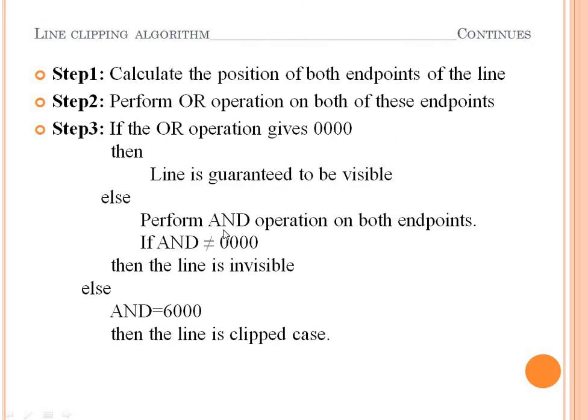Here is the line clipping algorithm. Step one, calculate the position of both endpoints of the line. Step two, perform the OR operation on both endpoints. Step three, if the OR operation gives 0000, then the line is guaranteed to be visible. Else, perform the AND operation on both endpoints. If the AND is not equal to 0000, then the line is invisible.